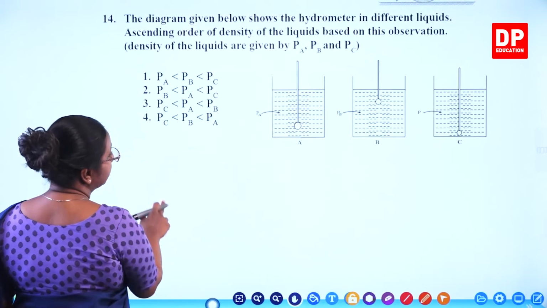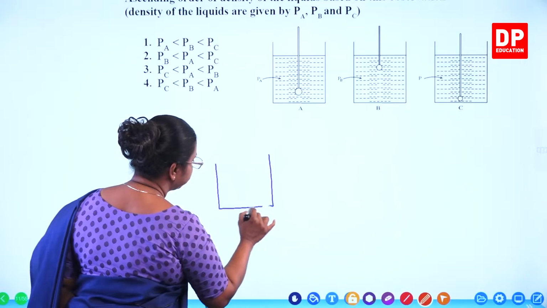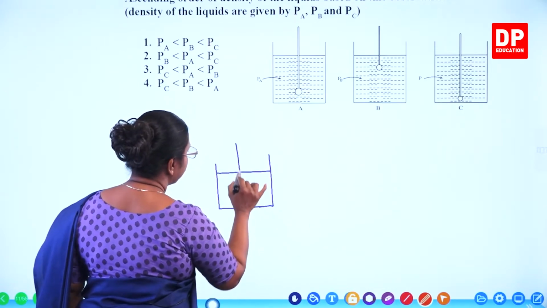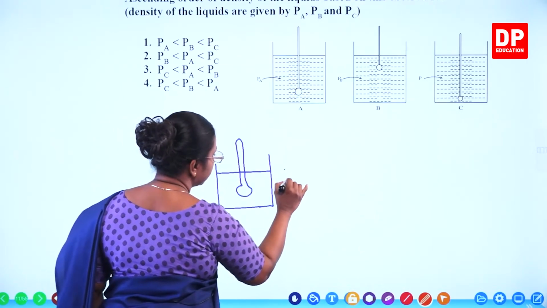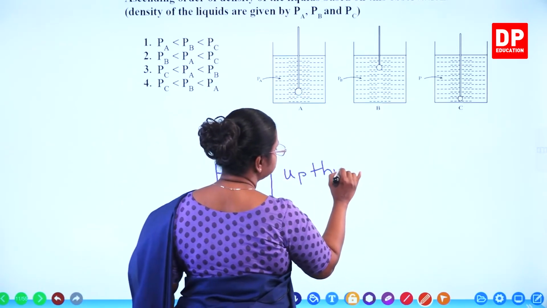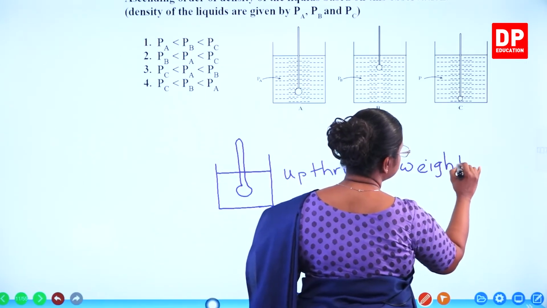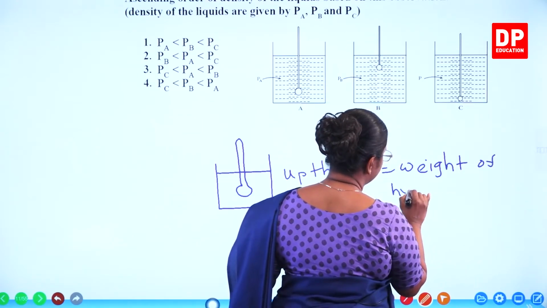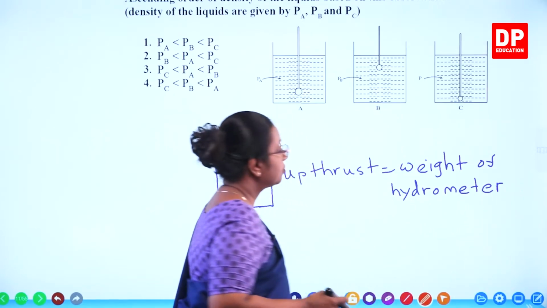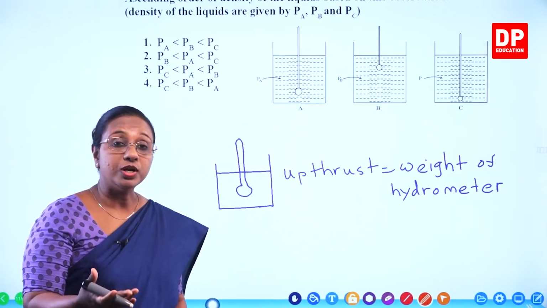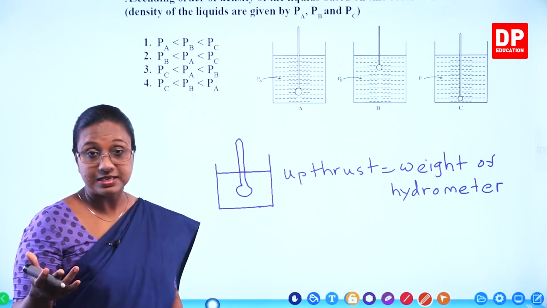Now, when the hydrometer is floating in a liquid, this is the hydrometer. So, upthrust is equal to the weight of the hydrometer. Why? This is the Archimedes principle. So, an upthrust will be equal to the weight of the object when it is floating, partially or fully immersed in a fluid.